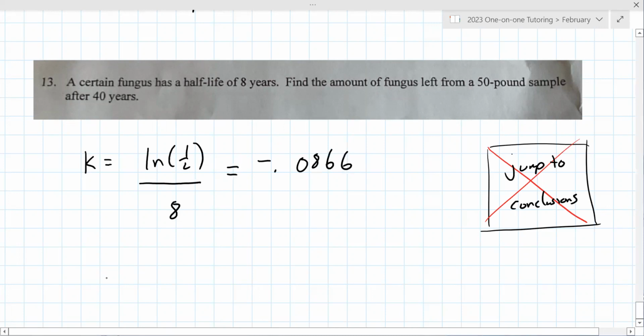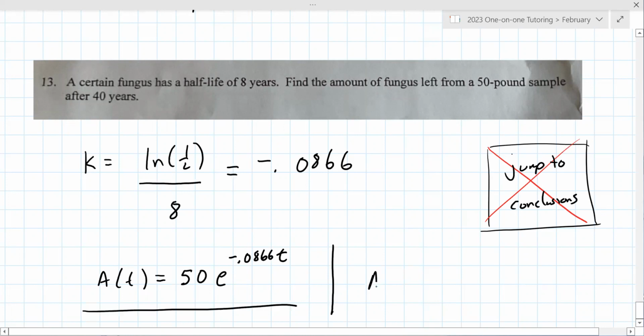And then your function here is A of T equals the initial amount. So you had 40 e to the minus 0.0866 T. That's the first line that they're looking for. And then you put in 40 for T: 50e to the minus 0.0866 times 40.